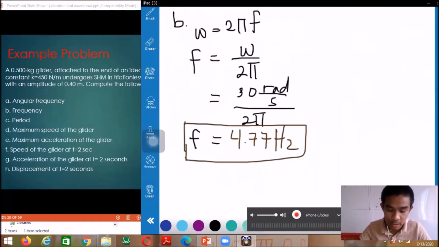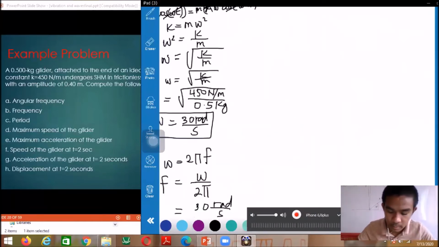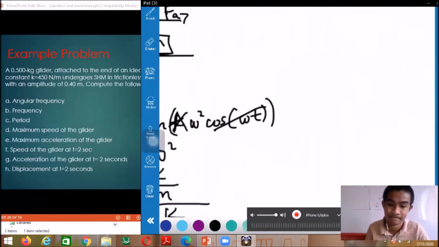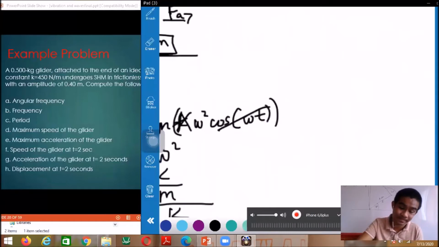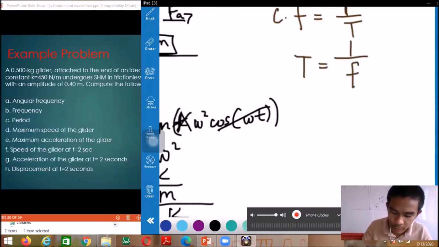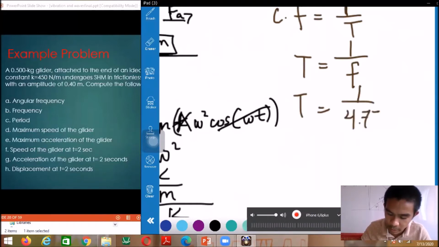The next, letter C, the period. Since frequency is the reciprocal of the period, 1 over T, then period is 1 over f. So period here equals, what's the frequency? 1 over 4.77 hertz.